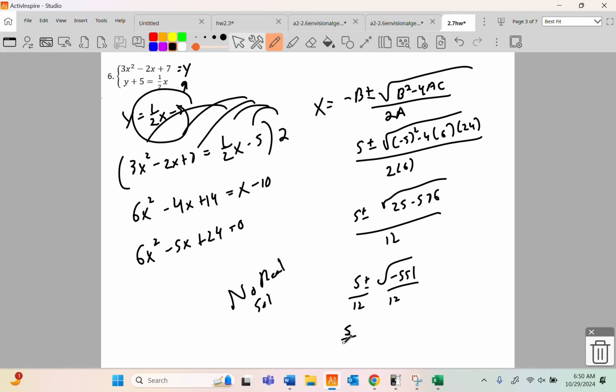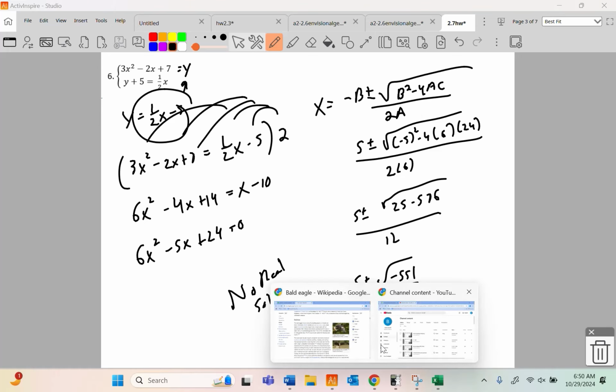Now, you should go ahead and make that imaginary. The imaginary root of 551 over 12. I'd be surprised if you could simplify 551. It's not divisible by 9. It's not going to be divisible by anything even because it's odd. So now it's the imaginary root of 551 over 12. No real answers.